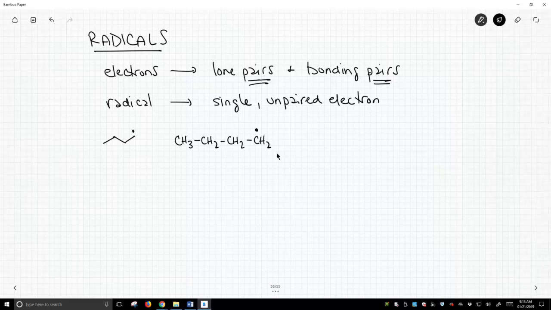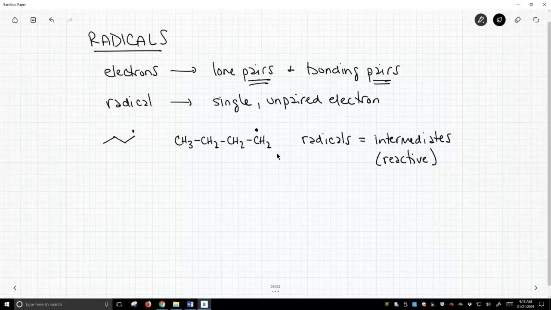Now, radicals themselves are considered an intermediate. Things are called intermediates because they're reactive. So, what are the reactive intermediates?